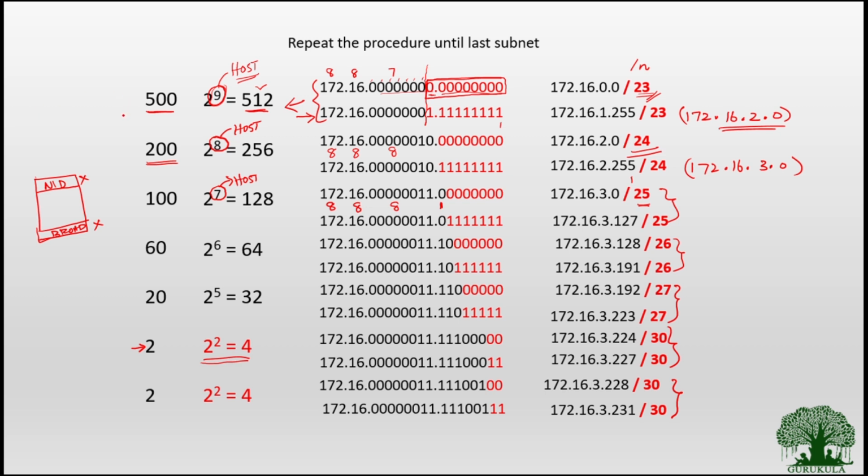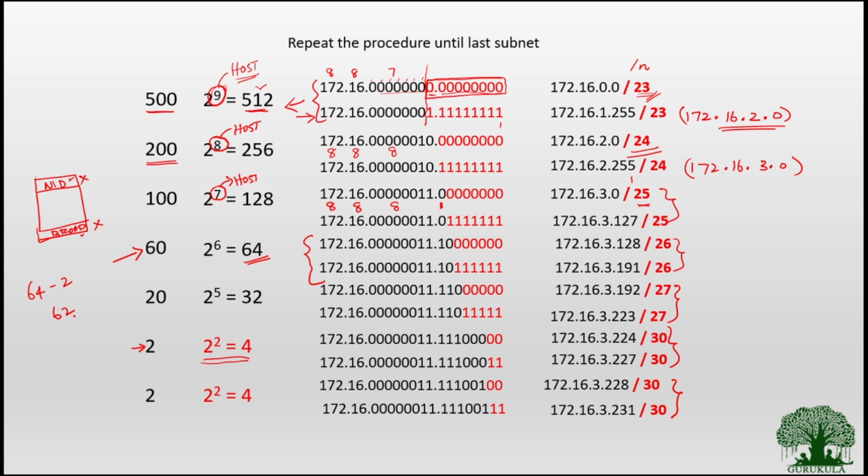And also you can notice that the wastage of IP addresses is greatly reduced in variable length subnetting. Here I am going to connect 60 hosts in this particular subnet. Even though this subnet has 64 IP addresses, out of 64, 2 IP addresses will be left for the network ID and the broadcast ID.